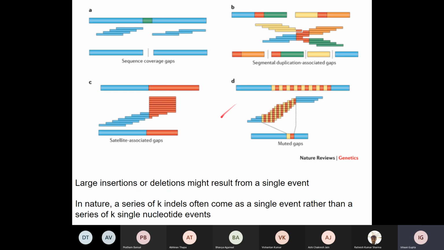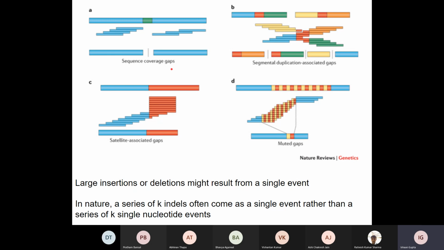But in general, in nature, what you see is a series of k indels. Indels essentially means insertions or deletions, and they often come as a single event rather than k single nucleotide events.